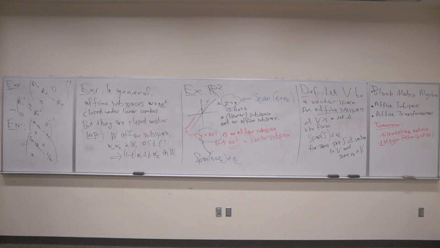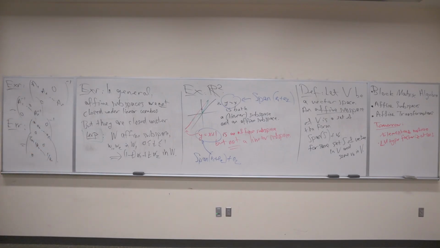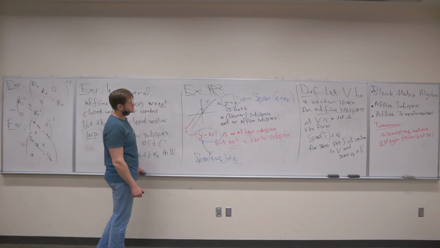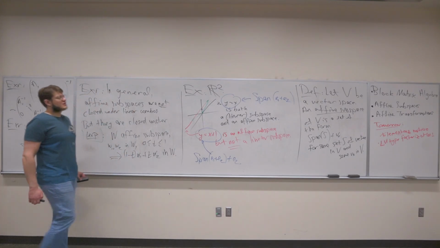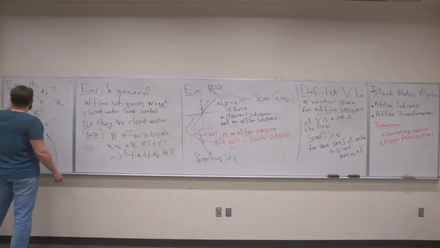Now here's a more advanced context in which affine subspaces are useful. We still have affine transformations, but let's not worry about that for now. Let's think about the space of 2 by 2 matrices. That's a 4-dimensional vector space.